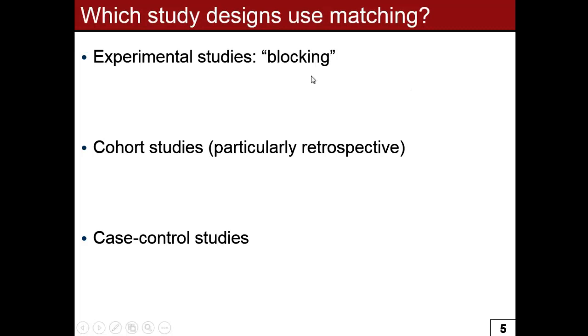Those were agricultural field experiments, and we now think of matching typically in the case control study, but sometimes in cohort studies, particularly the retrospective design, where you might have a bunch of people in, let's say, hospital X, who were exposed to something, and you have data on their outcomes, but you may not have a control group.